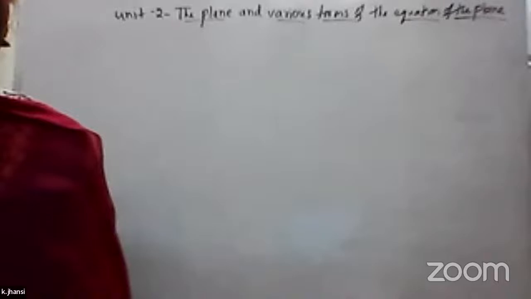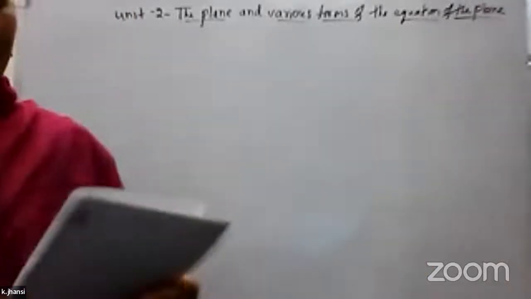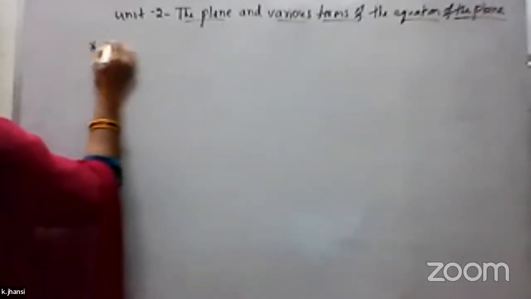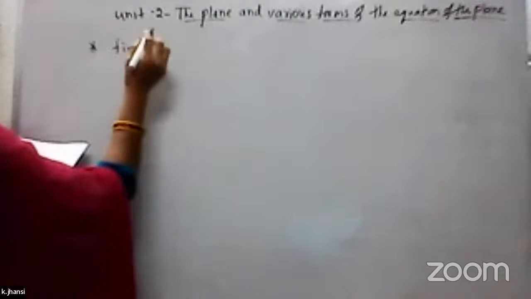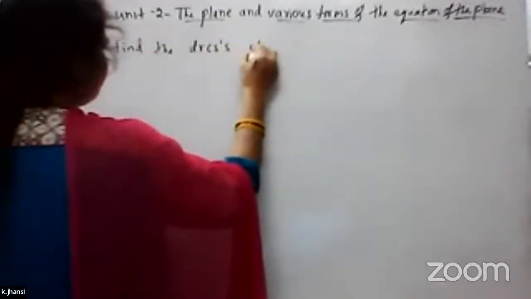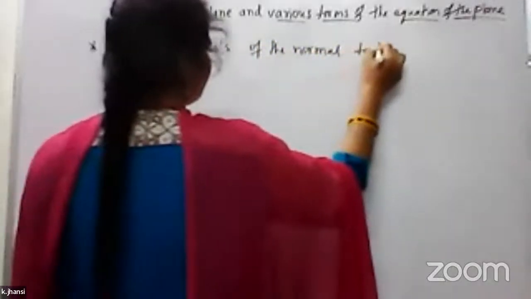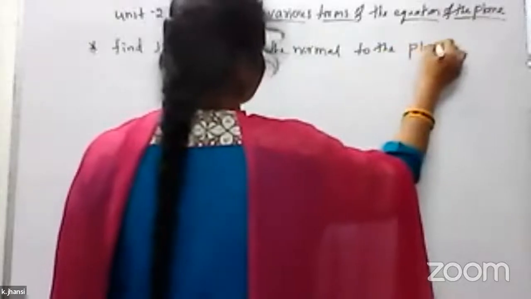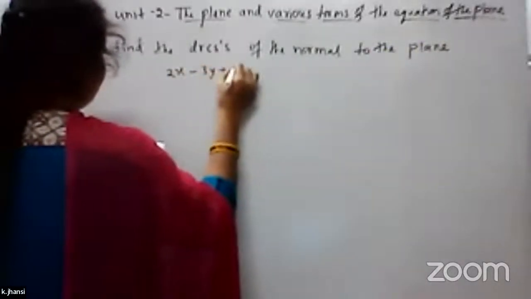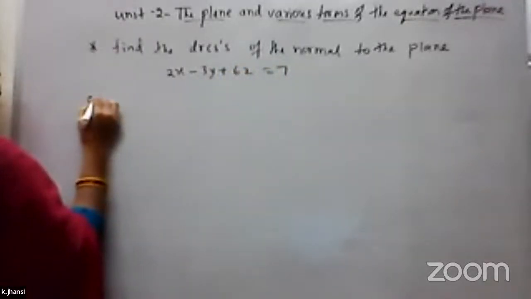See, another one we have: find the direction cosines of the normal to the plane. These are all 5 marks questions. So we need to find the direction cosines here.